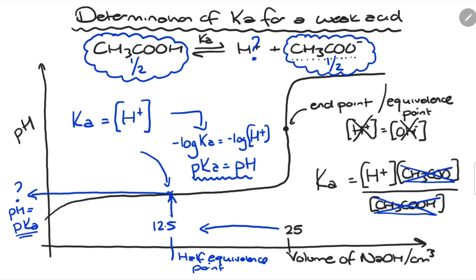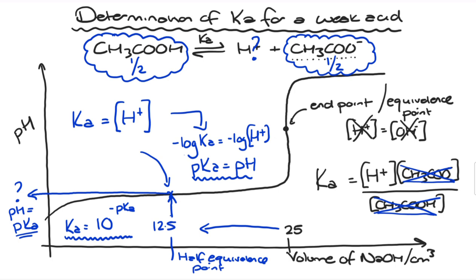And as we saw in the previous example, we then know that the Ka can be expressed in the same way as H plus ions can be expressed in relation to pH. Ka is equal to 10 to the minus of that pKa value, allowing us to graphically and through experimentation calculate a value for the Ka of the acid that we have titrated.